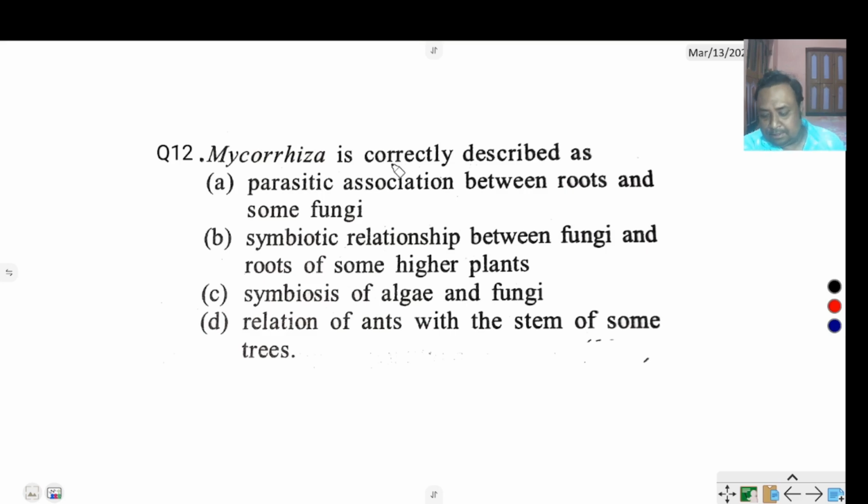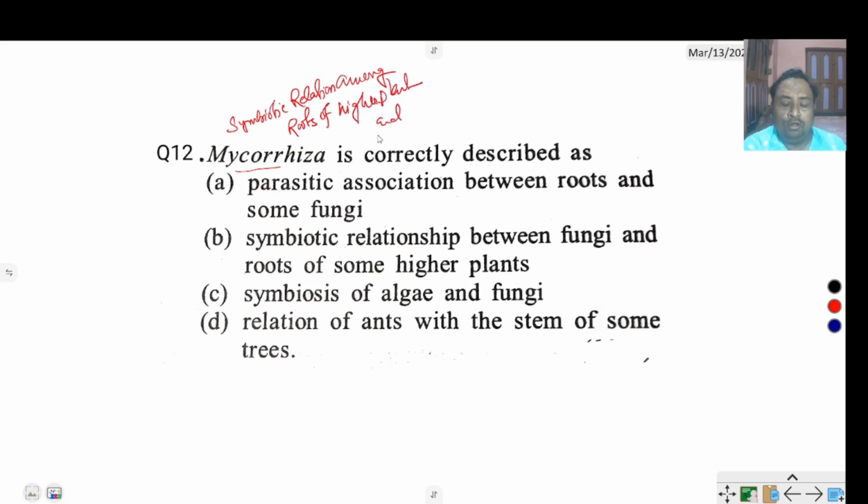Mycorrhiza is correctly described. What is mycorrhiza? Mycorrhiza means symbiotic relation among roots of higher plants and fungus.